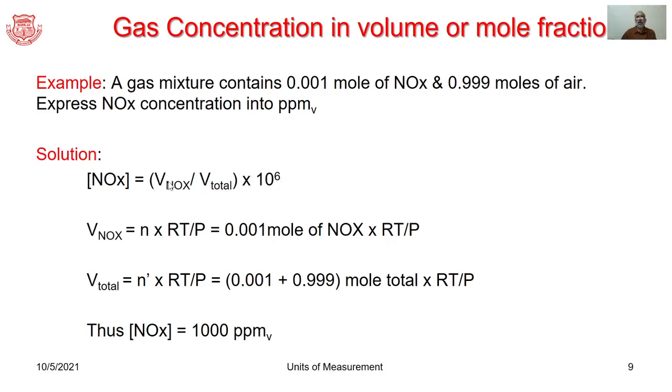The volume of oxides of nitrogen can be determined by making use of the ideal gas law, and accordingly it is 0.001 mole of oxides of nitrogen into R into T by P. Based on similar calculations, the total volume can be worked out as 0.001 plus 0.999 moles total into R into T by P. So, as we determine this ratio, the answer is 1000 ppm based on volume.